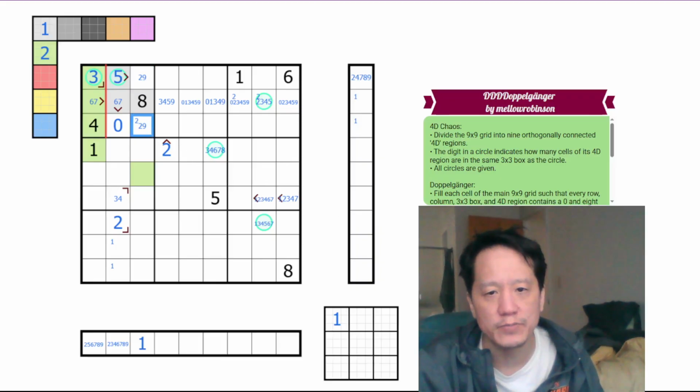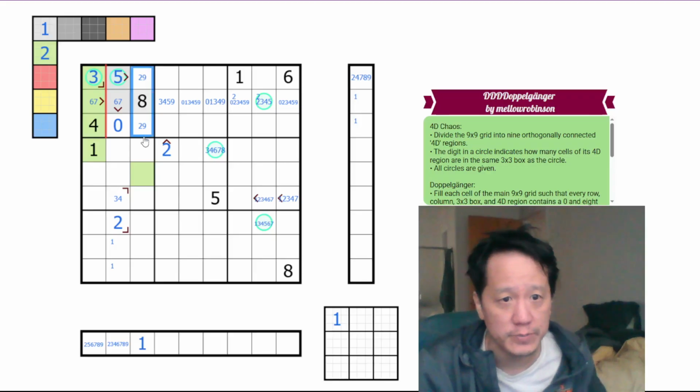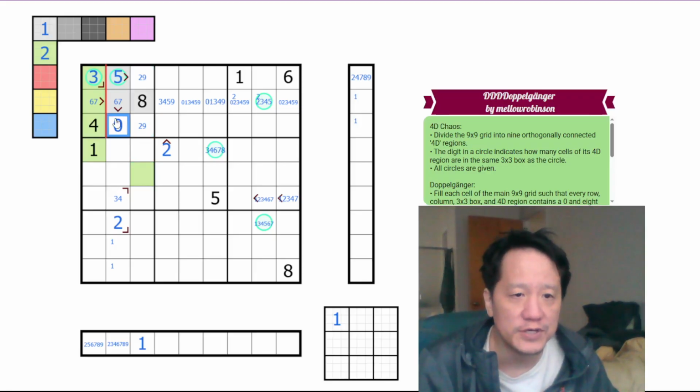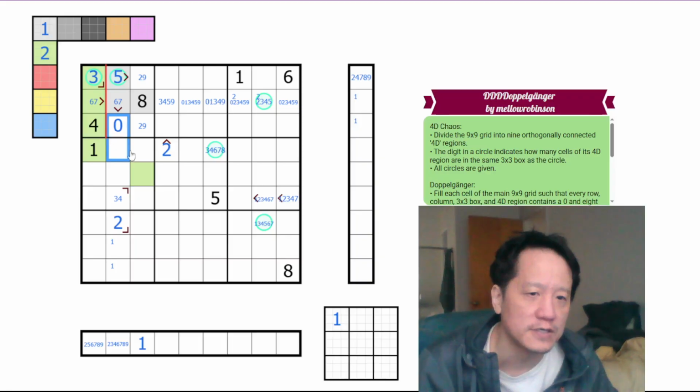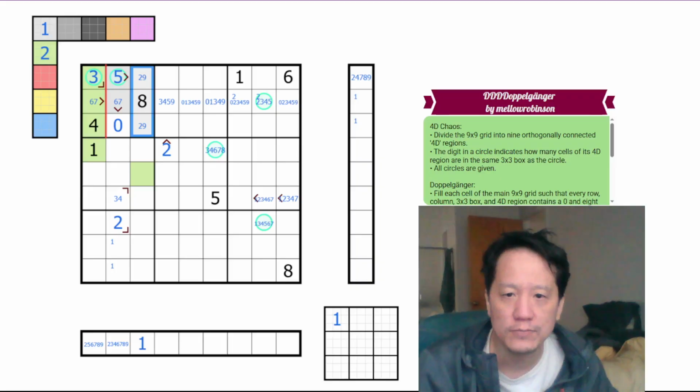And obviously this can't be 2. So this is 2, 9 as a pair. This is 0. This has to go out. So these are all light. This is a boundary. It has to form a boundary here. So this has to go out. And we'll make this pink then. So this is pink.